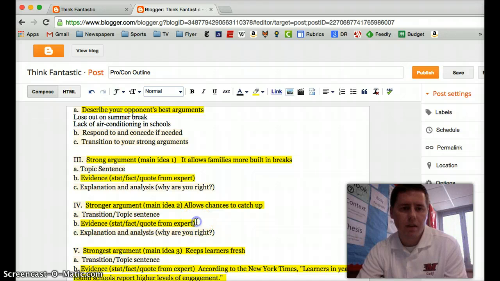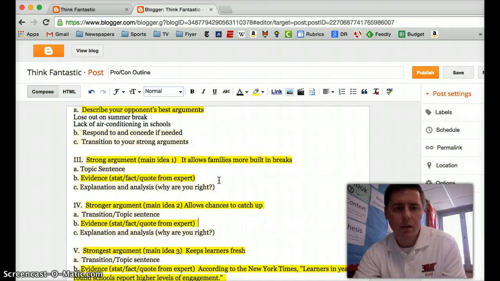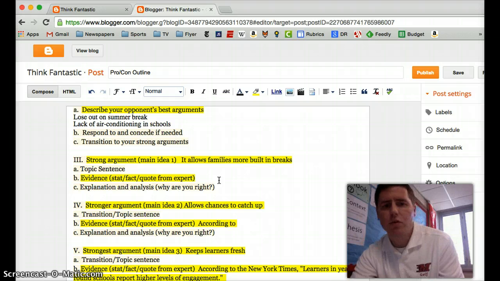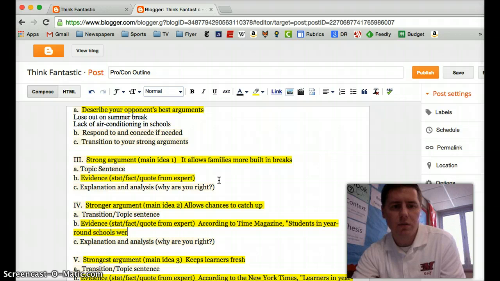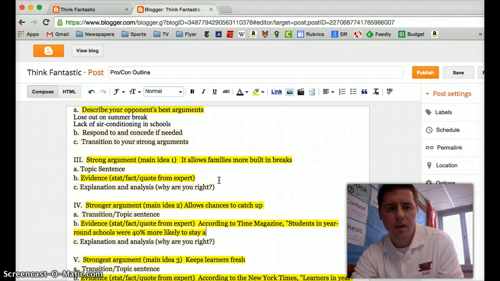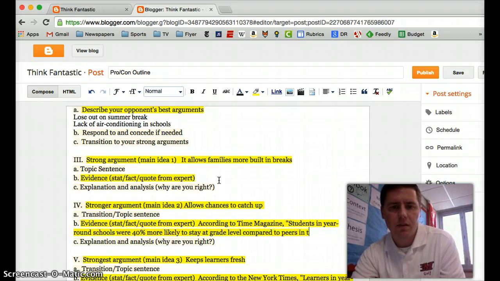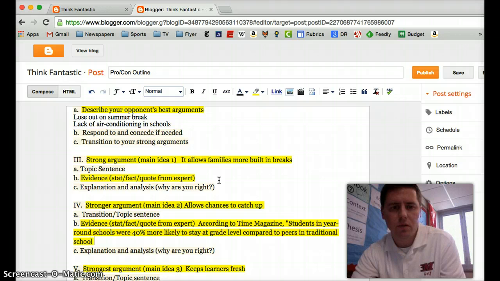Maybe for this one, according to Time Magazine, students in year-round schools were 40% more likely to stay at grade level compared to peers in traditional school calendars.